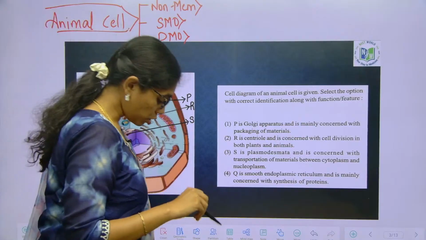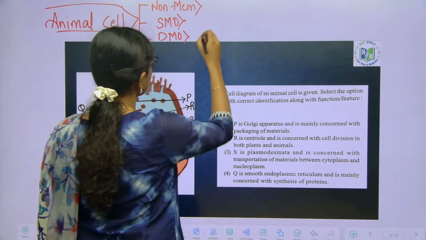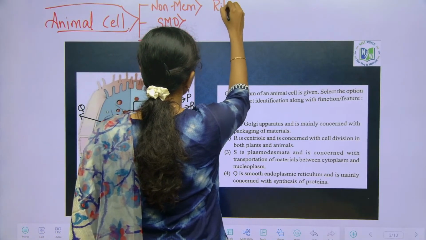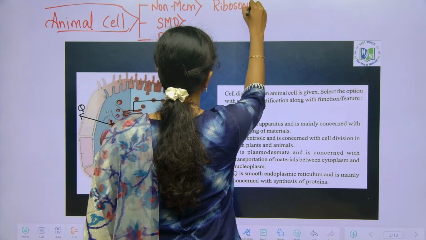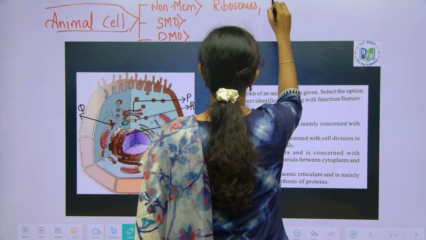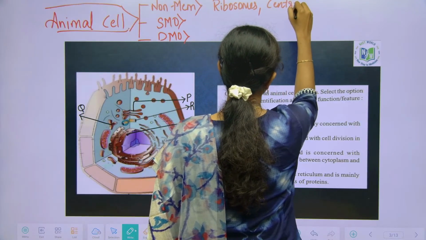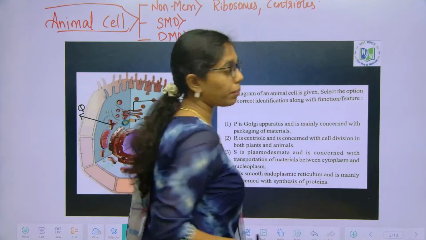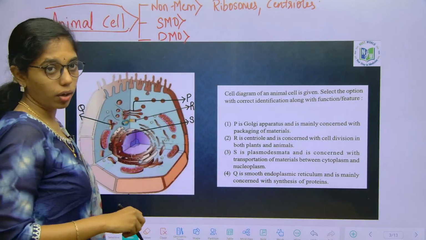Non-membrane bound organelles of an animal cell include ribosomes and centrioles. Ribosomes and centrioles are the two non-membrane bound organelles that you can come across.